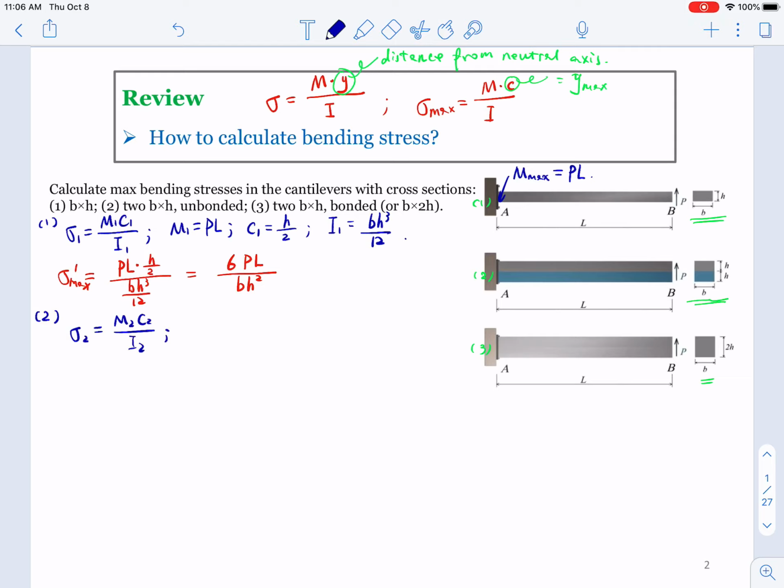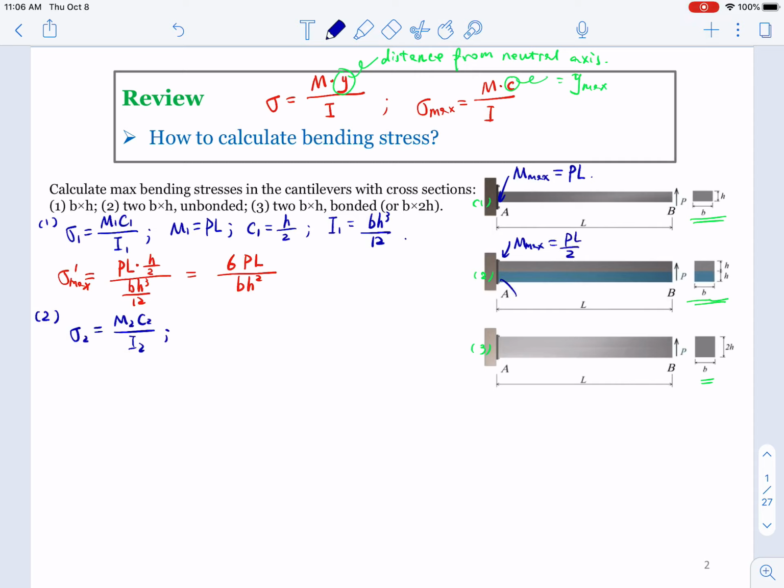Since these two sections are not bonded at the interface, they are just two parallel beam sections carrying the P together. Each of them will carry half P. So what is the M max? The M max in each one of them will be PL over 2.